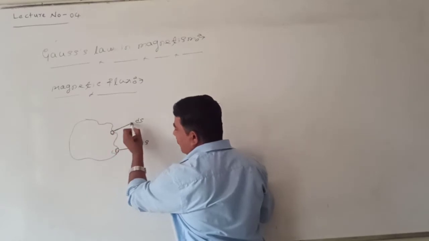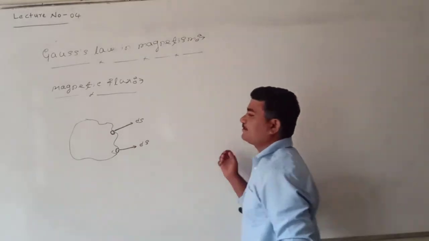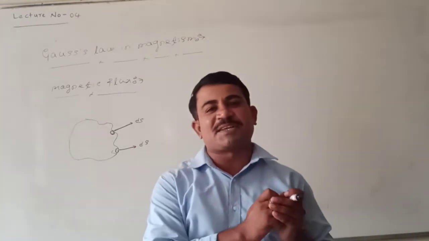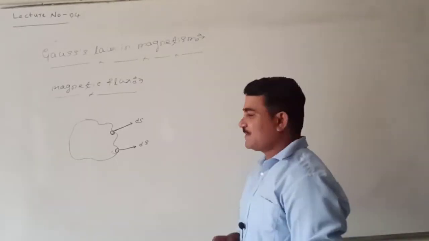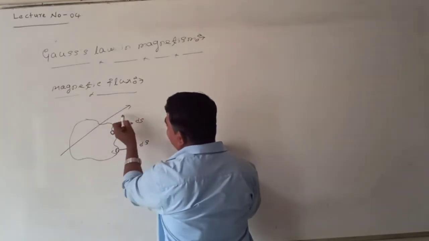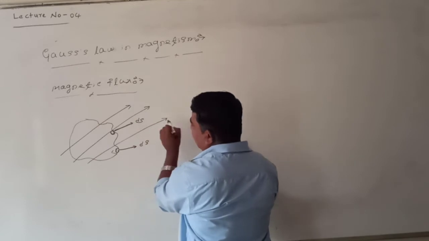The length of this arrow represents the area of the surface. This we call the area vector. Now through this closed surface, let us take the number of magnetic field lines that pass. See here, these are the magnetic field lines passing through the surface. Are you following? Like this I can take.